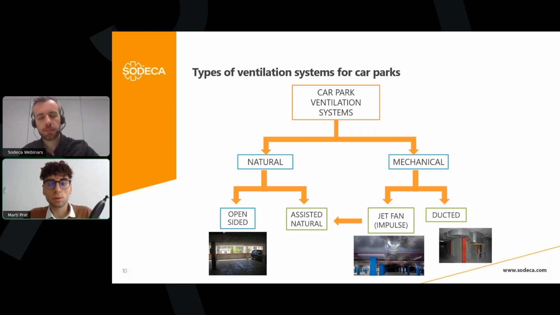If instead we want to have an impulse ventilation system, we can remove all this duct network and install jet fans under the ceiling. This implies having much more visibility, and it is much easier because it is plug and play. So it's a different system which totally works in this kind of ventilation in car parks.